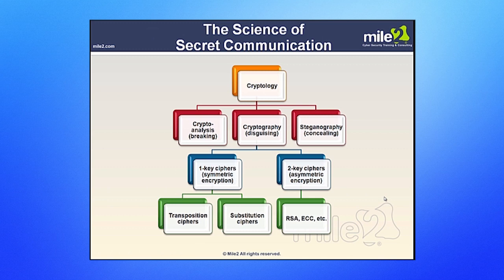With the science of secret communication, we have cryptology. First, we could look at breaking the encryption, cryptanalysis. We could look at trying to disguise what we have, hiding our information into a garbled format, cryptography. And steganography is generally included in chapters like these, but it's not really encryption. There is no encryption whatsoever with steganography.